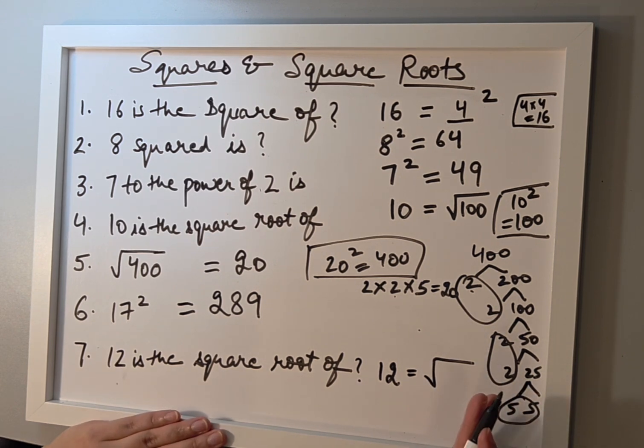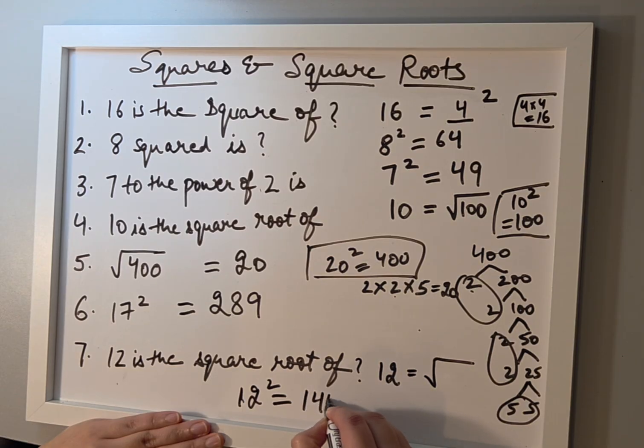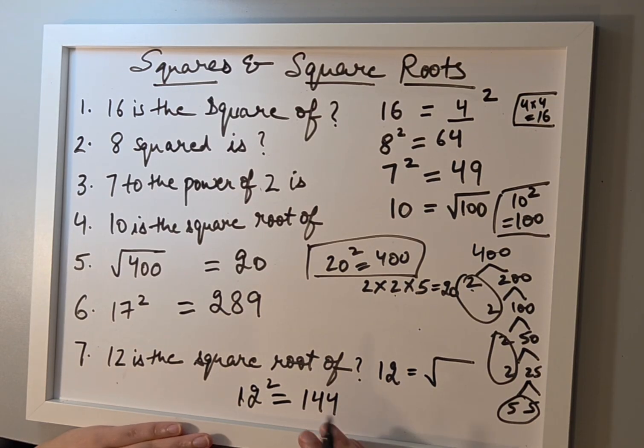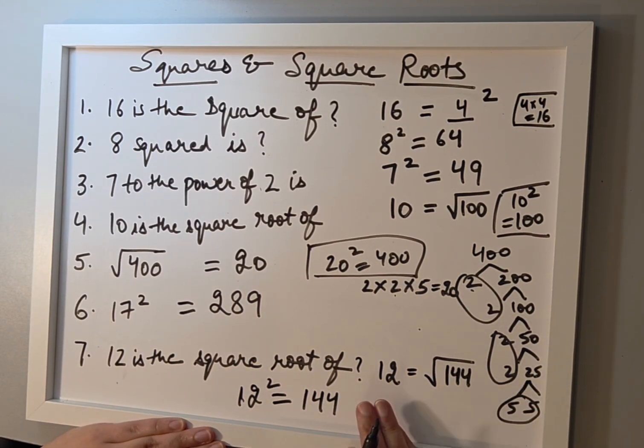We've learned that square roots are opposite of squares. So when we know the square root, that is 12, we can just do the square of the number. So 12 squared is 144. So that gives us the answer. So we do the square root of 144 and it will give us the answer as 12.